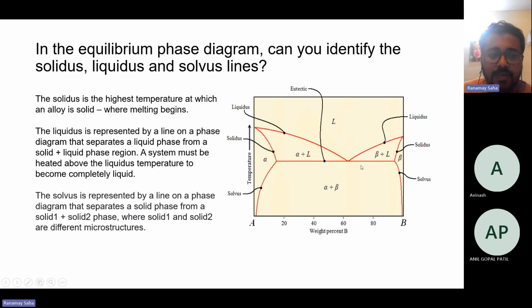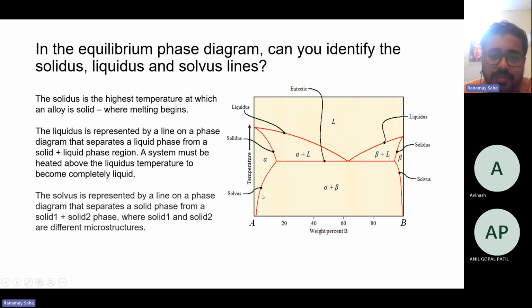And then you have a solvus. The solvus is represented by a line on a phase diagram that separates a solid phase from two different solid phases. For example, here alpha is a solid phase, and alpha plus beta is also a solid phase. The catch here is the percentage of the component materials. For example, in the case of the iron carbon diagram, the carbon percentage varies along this particular line.